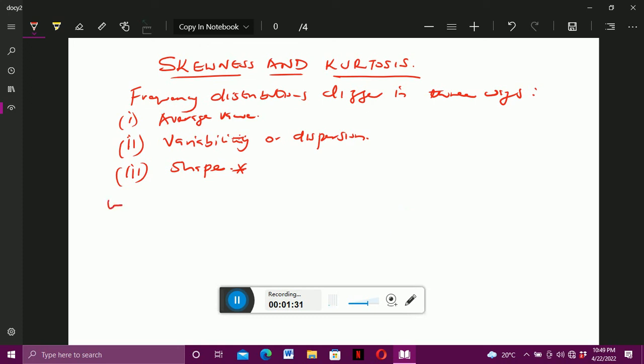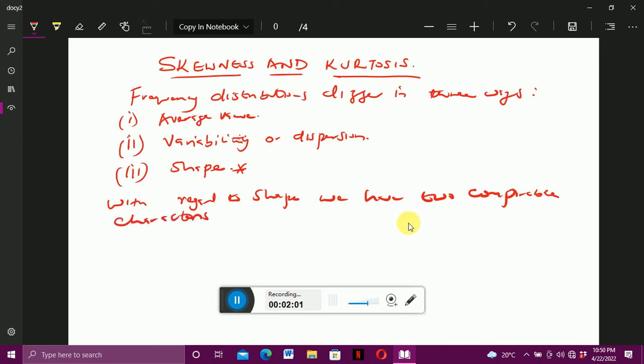So we say with regard to shape, we have two comparable characteristics, and these are namely what we have written up here.